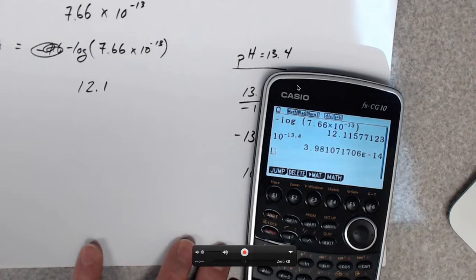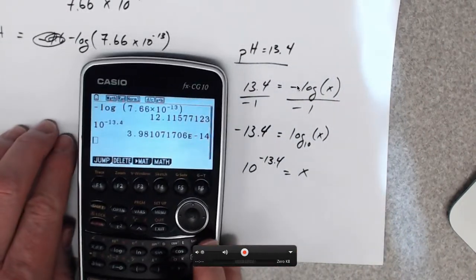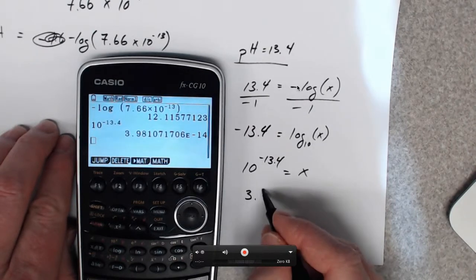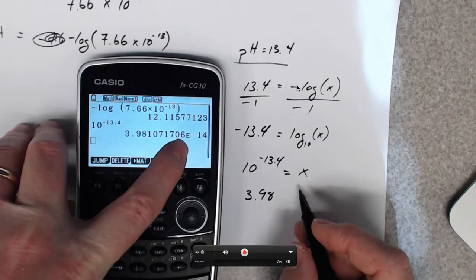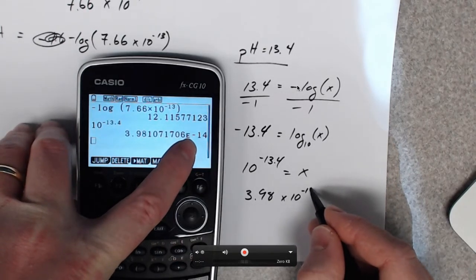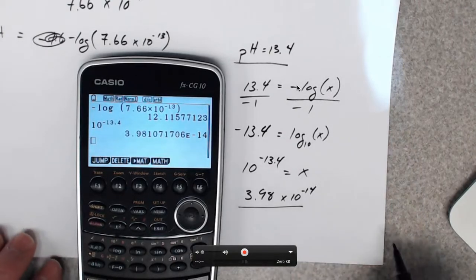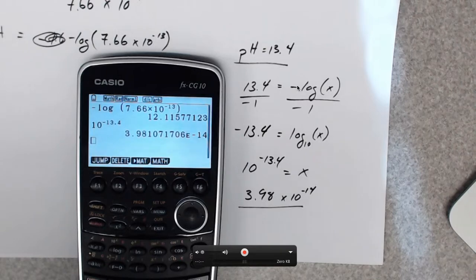Okay, so this is scientific notation. This really stands for 3.98. I'm not going to use all this other stuff. This E means times 10, and that is the power on the 10. So that's the scientific notation of it. So I'm going to put in 3.98 times 10 to the negative 14.